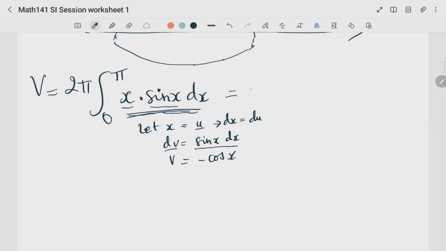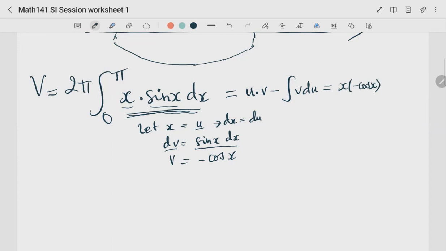The formula tells you this integral is equal to u times v minus the integral of v du, which in our case is x multiplied by v, so negative cos of x.